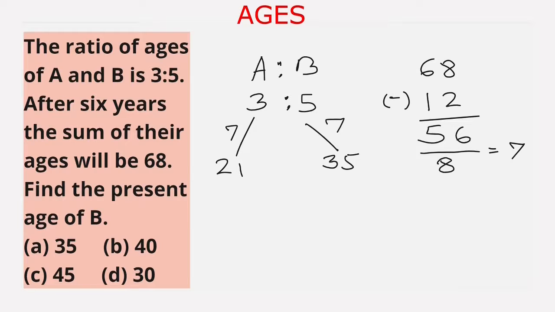So age of A is 21, age of B is 35, and it has been asked to give the age of B, and age of B is 35, and from the given options our answer is option A. This way we can solve this question by shortcut method.